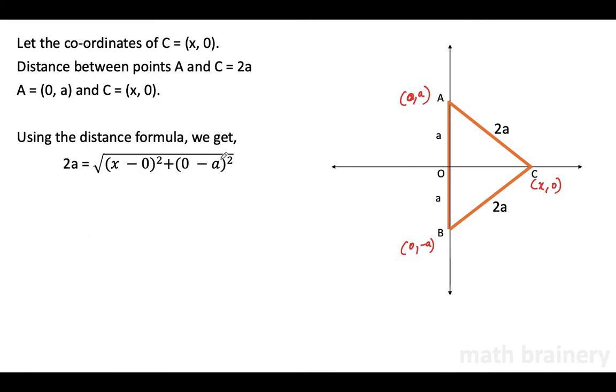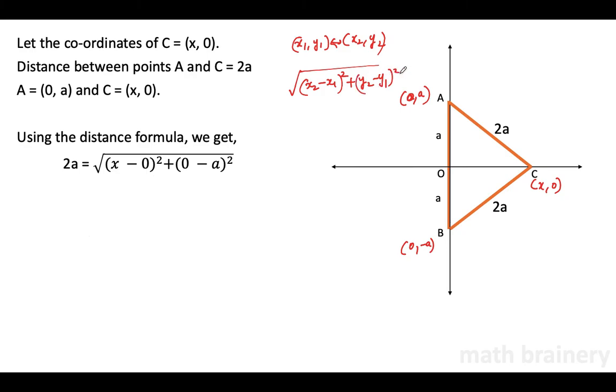What is the distance formula? If suppose x1, y1 and x2, y2 are 2 points, the distance between these 2 points is given by the formula square root of x2 minus x1 whole square plus y2 minus y1 whole square.